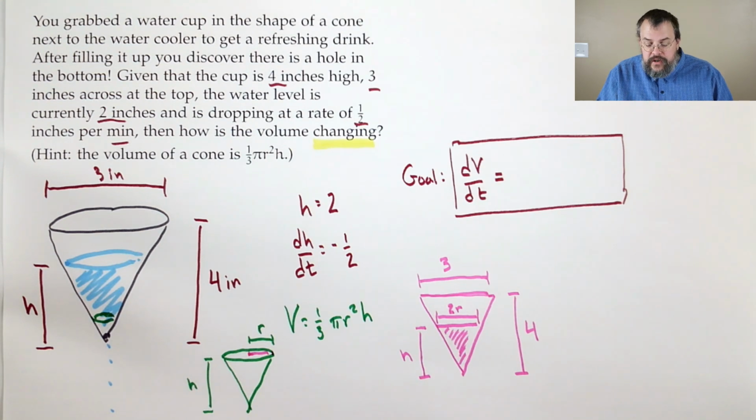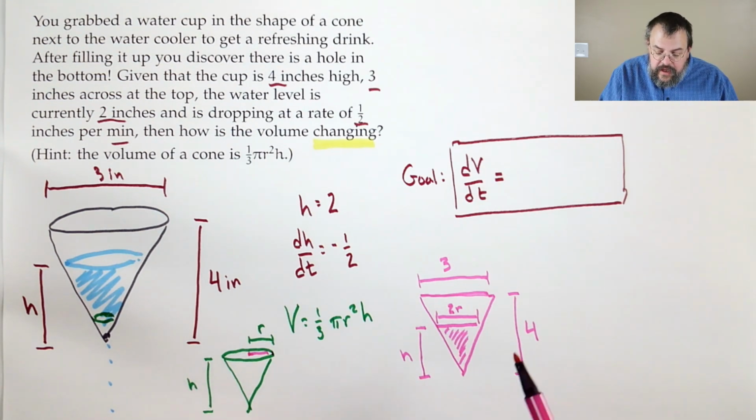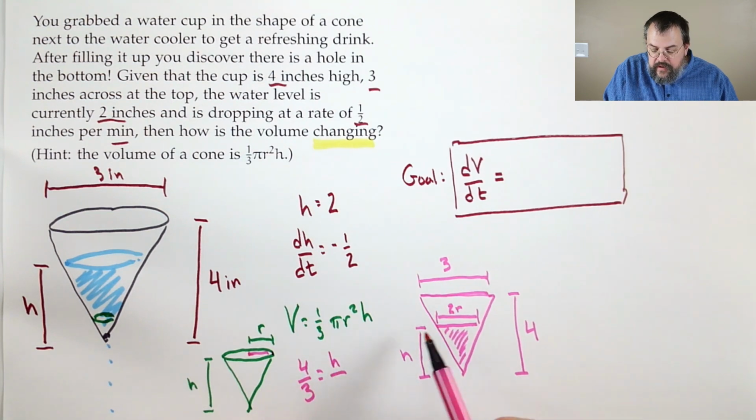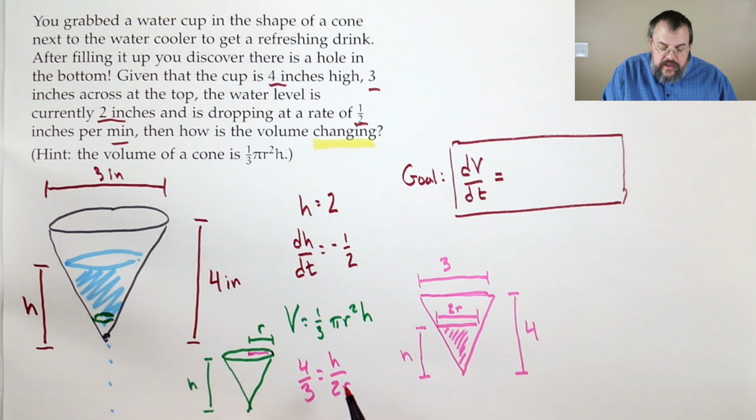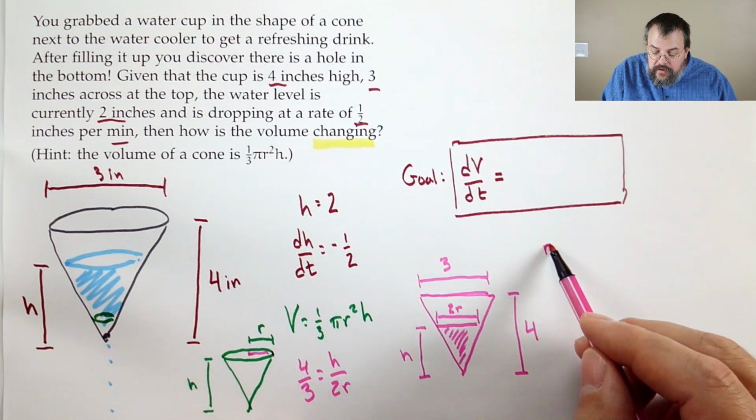Now I can say, aha, I have these relationships. I can look at the ratios. So I can, for example, say 4:3, so that's the up and down, so that would be h, and then side to side, 2r. So 4:3 as h is to 2r. Now, if we move things around, so I'm going to solve for r. We can come to the conclusion, and I'll put it over here.